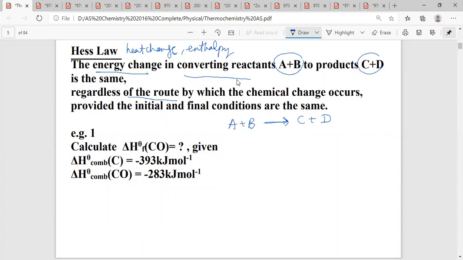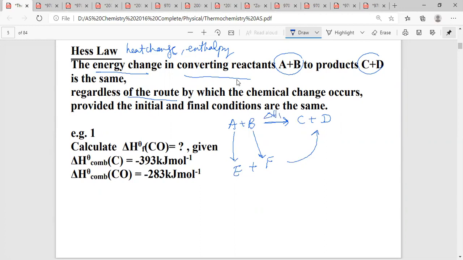Here's the direct route, and it can also go to E, and this one go to F, then E plus F will give you C and D. This is like going from Seremban to KL by the direct route by the highway, or I can go from Seremban to Mantin, then Semenyih, then Kajang, and then to KL. So there are 2 routes there. See, the energy change is the same. Let's say here is delta H1.